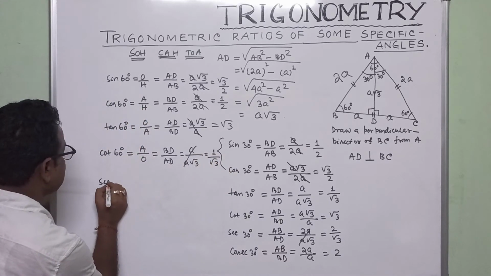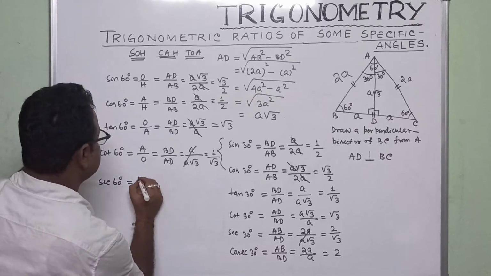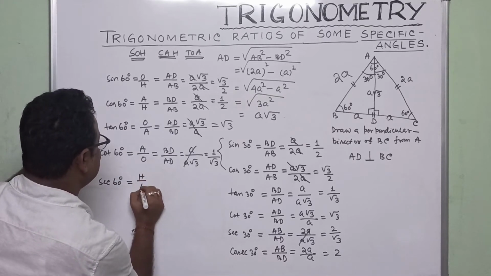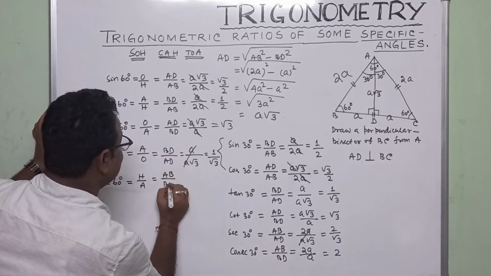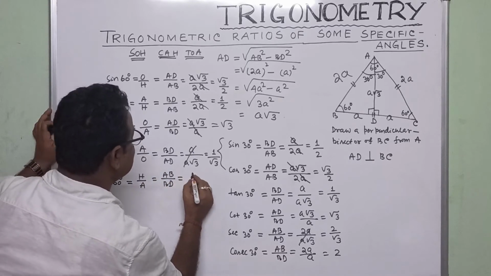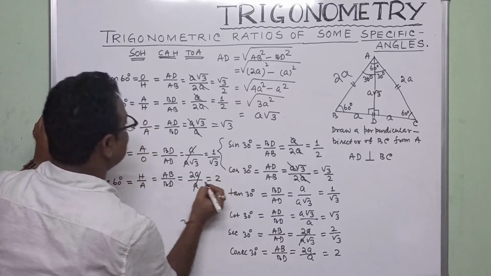Now sec 60 degree is equal to H by A, is equal to AB by BD, is equal to 2A by A, so is equal to 2.